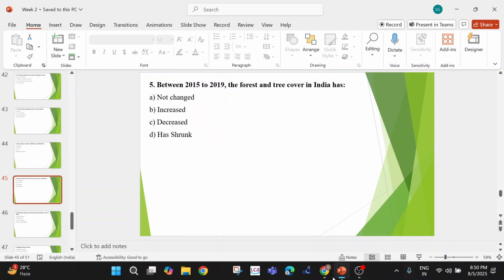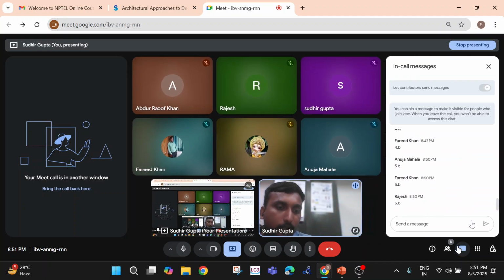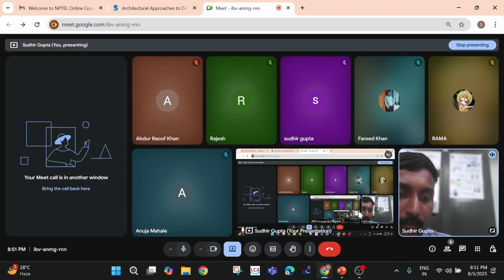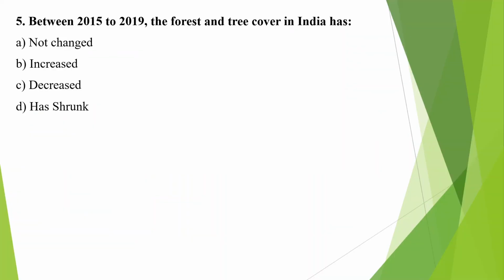As I can see, most of you have given the correct answer for this question, and the correct answer is option B. If you go through the question, you will understand that between 2015 to 2019, the forest and tree cover in India has increased, mainly because of afforestation efforts and policy measures, and this is according to the official reports given by the Forest Survey of India, that there is a net increment in the tree cover or the forest.